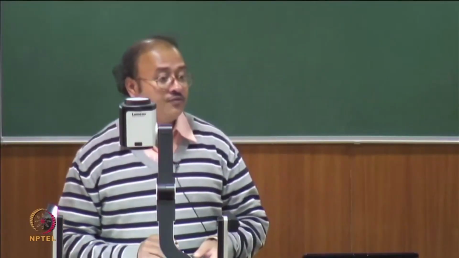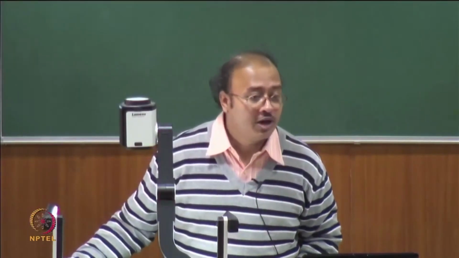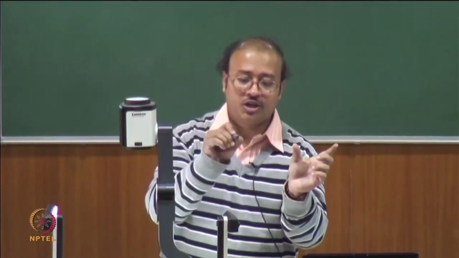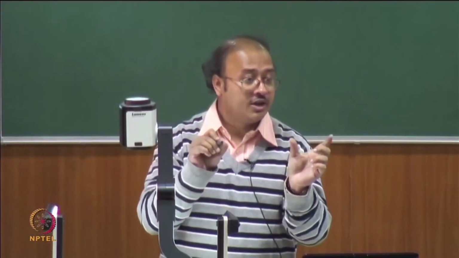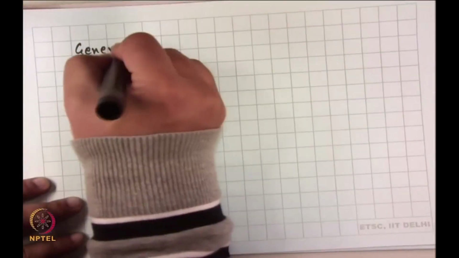Good. Now let us take a very general case. I am not always going to have a linear geometry. That means I am not always going to have a dipole and a charge sitting on the same line. Instead, I am going to have a more general case.